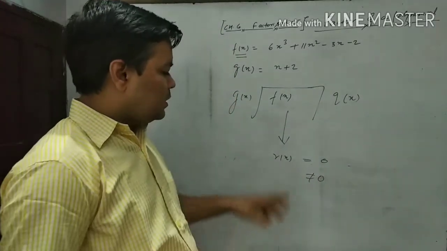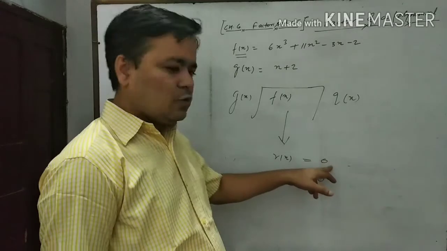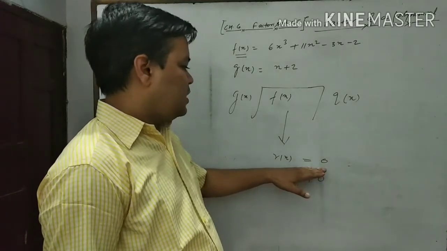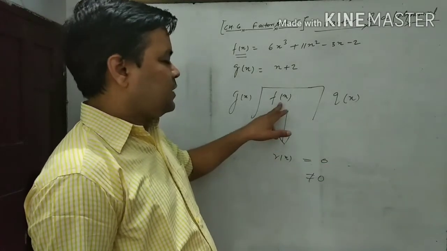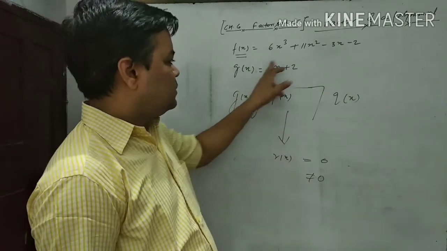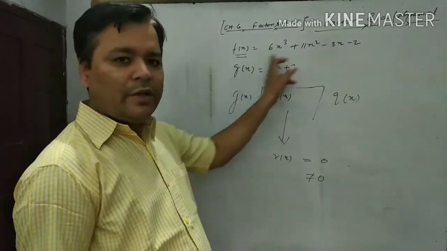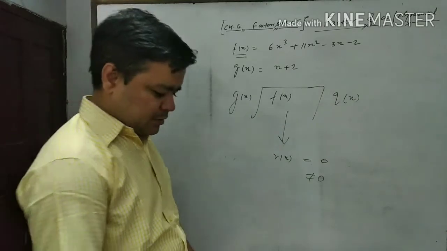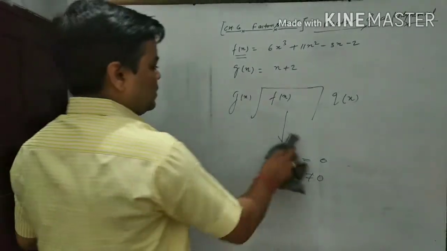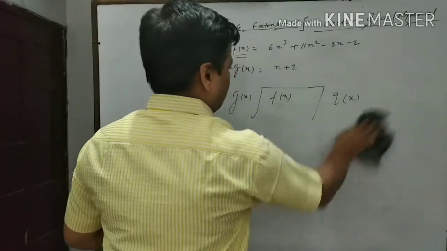If the value of the remainder is 0, in that case we find that f(x) is equal to the product of these two polynomials. Now let us see how to divide a polynomial by another polynomial.